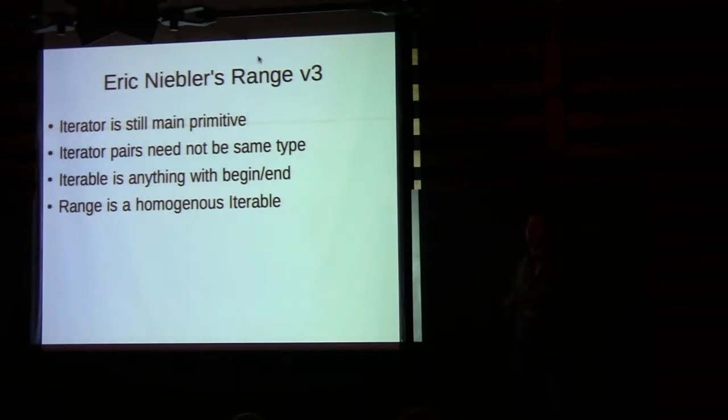The end iterator might be something different. And in his library, a range is basically an iterable that actually does return the same type for begin and end. Did I get that right so far? Yes. Another way of saying that is the range concept is a refinement of the iterable concept with the additional requirement that begin and end return the same type.